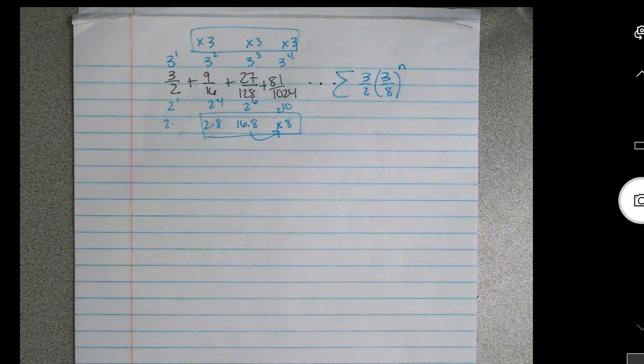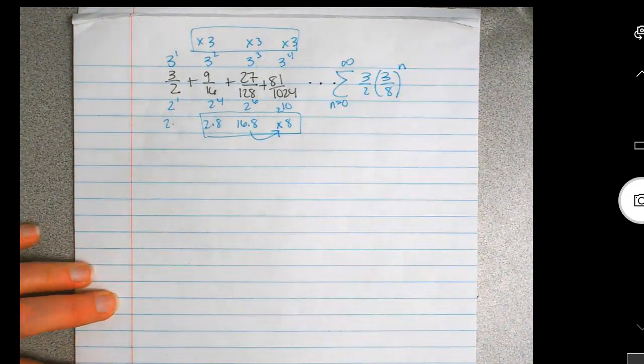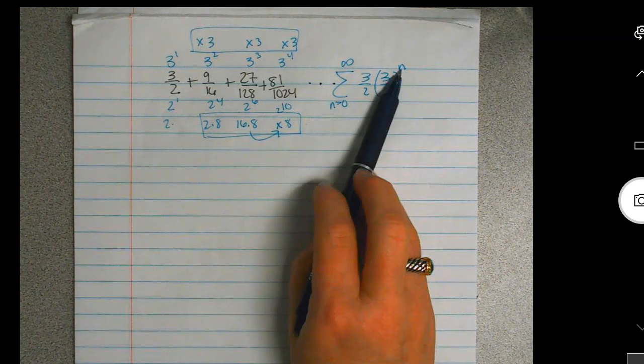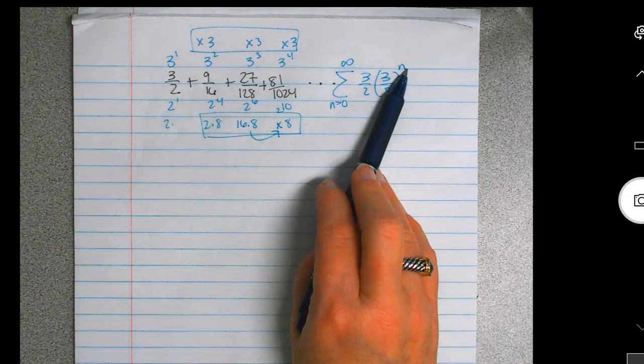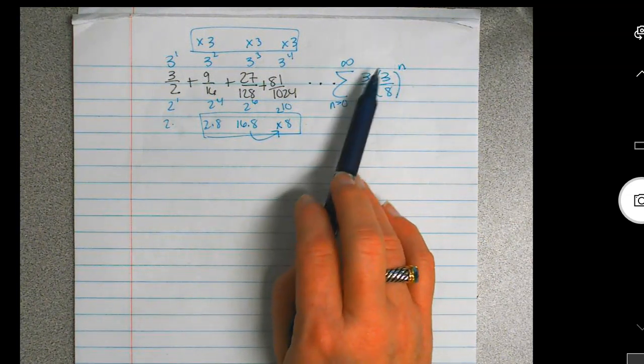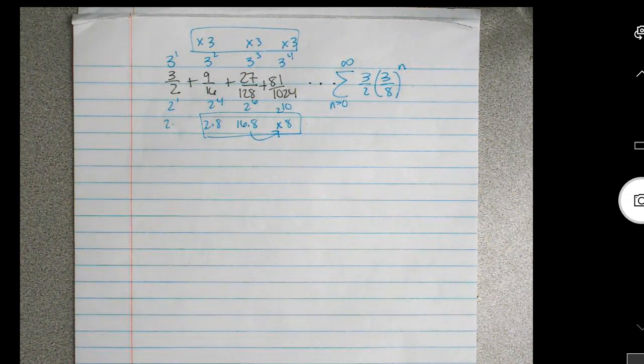What does n need to be? n equals 0 to infinity. And that's how it works. If you say 0, you have 3 halves, and then you put 1 and you get 9 over 16, and then 2 is going to be 3 times 9 over 2 times 64.